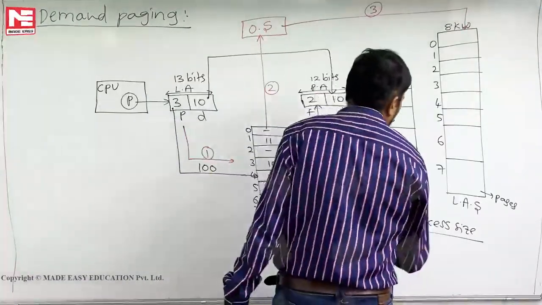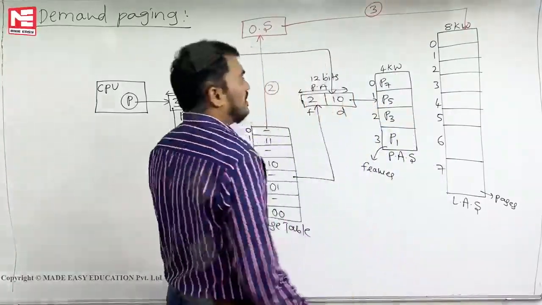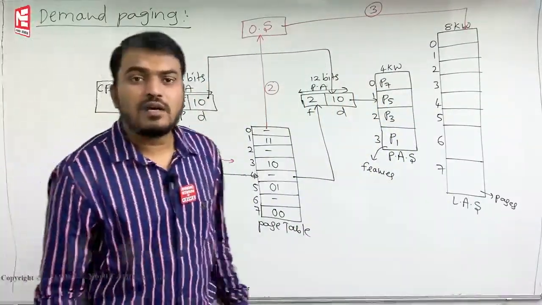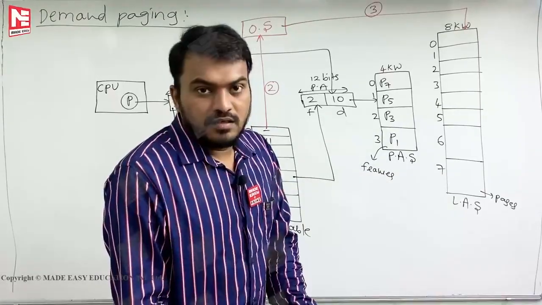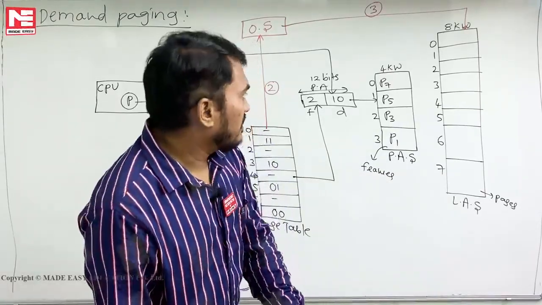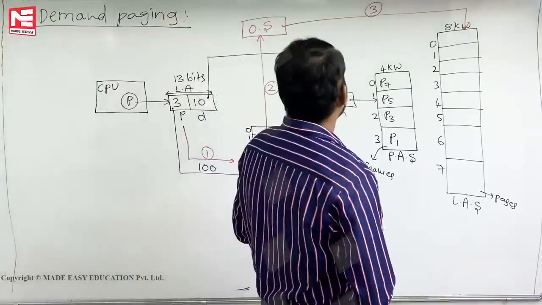LEAS means what? Write in braces: virtual memory. Now look here. We will search for the required page in the LEAS.